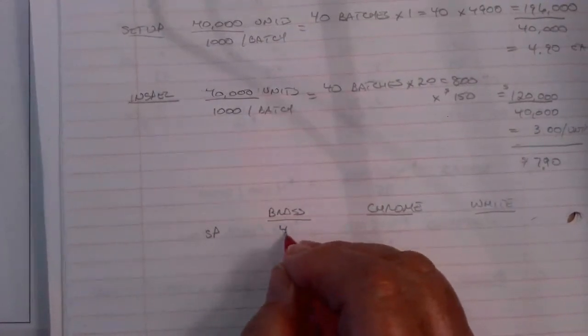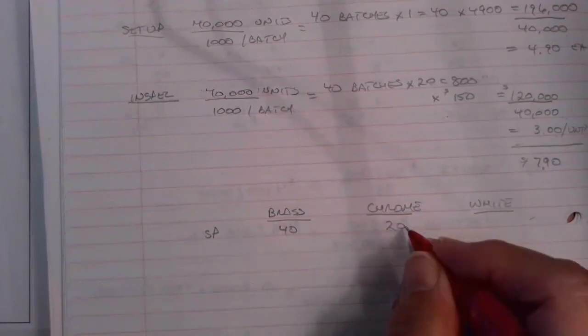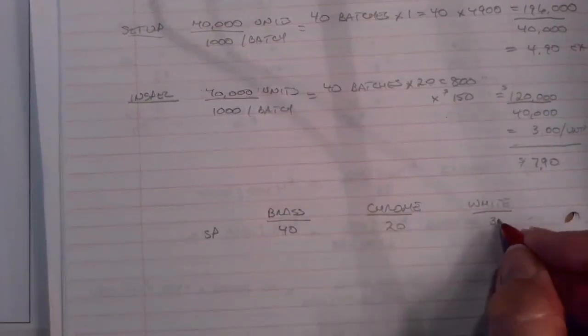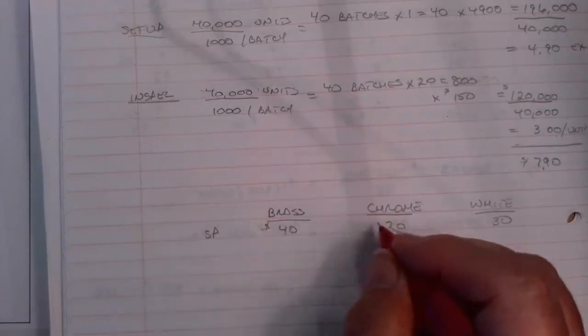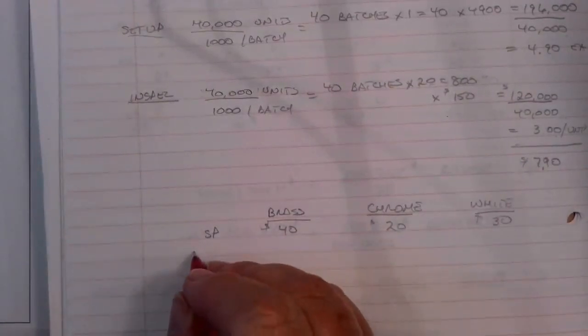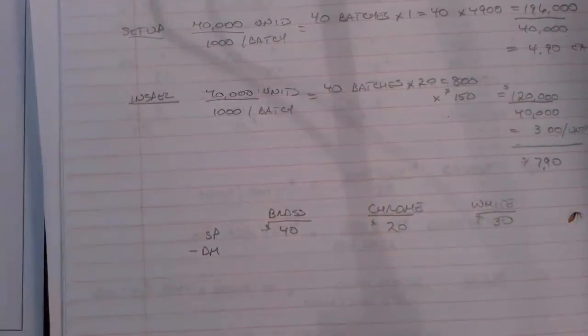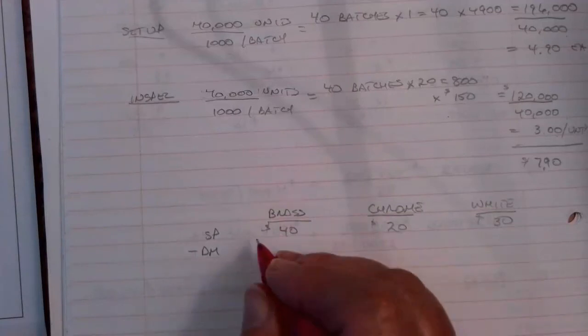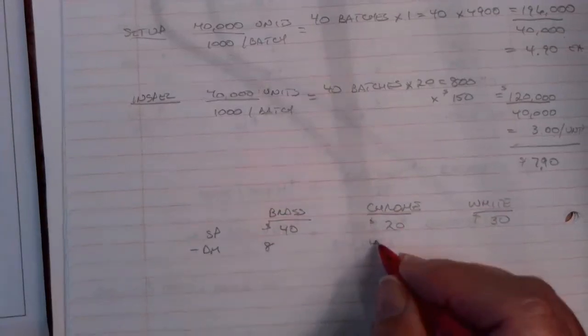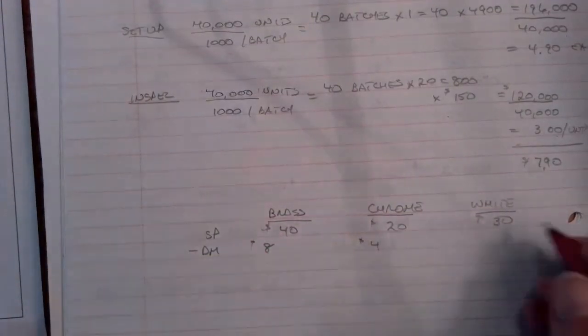And we got per unit prices of 40, 20, and 30. And then I've got my direct costs, less direct material, and direct material is 8, 4, and 8.